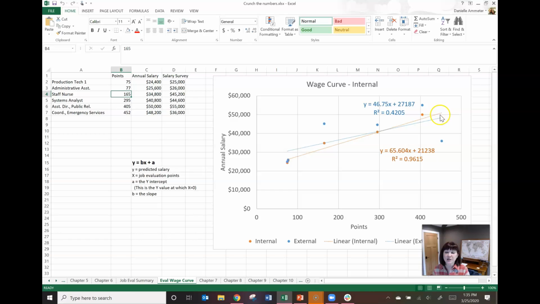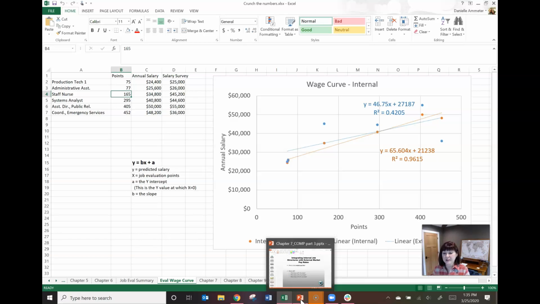So especially this job right here, which is the coordinator of emergency services. We need to look at that and figure out, is that accurate? Are we doing a good job in terms of matching the market? Are we paying too much? Do we have the wrong job title?